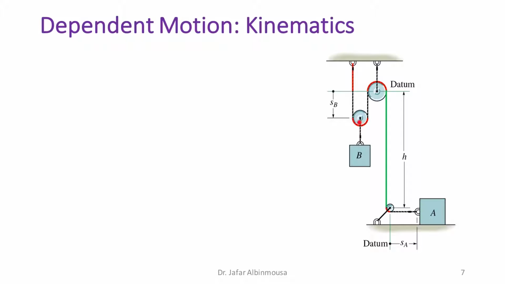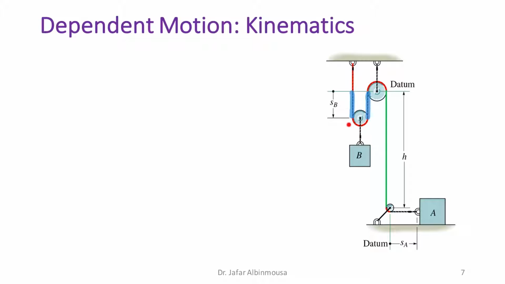Now, this part, which is not marked over here, I may just try to mark it with blue. This one and this one. This is, of course, going to change as the motion changes. Because when block B moves down, this pulley will move down as well.